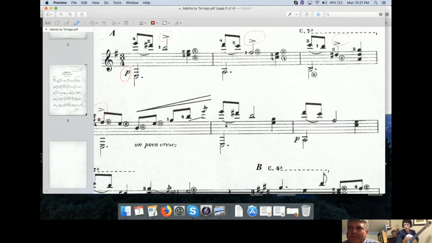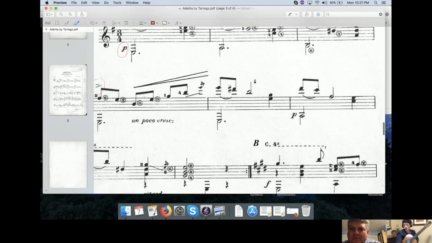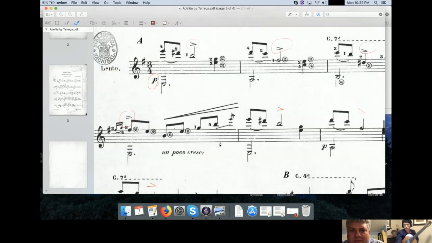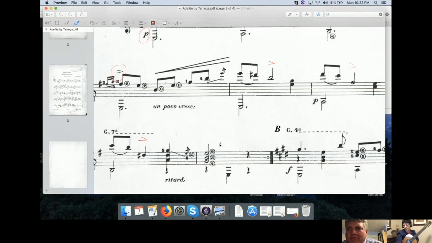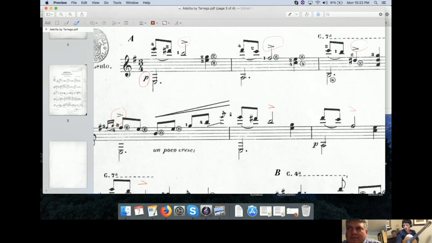In this edition, for the next 4 bars, there is no accent marking, but I think it's implied. I think those would be just as the start. That's a pretty common thing to do. Sometimes if something repeats exactly, they won't always put in all the details.